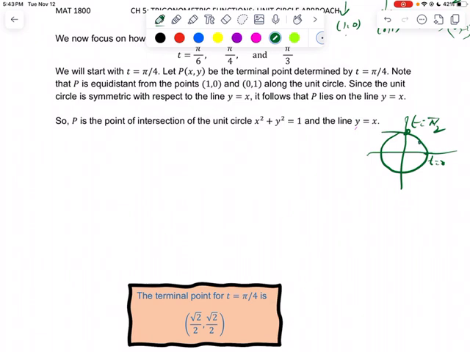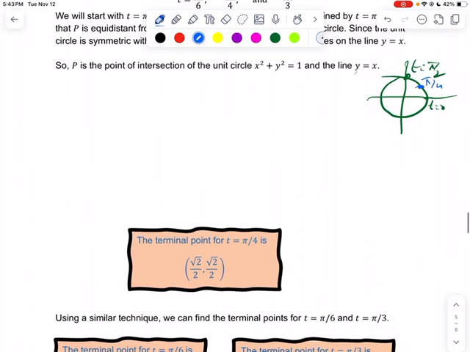Just like a point which divides this length from 0 to pi over 2 into two halves. So it halves the arc; this is where t is equal to pi over 4. But what are the coordinates of the point? That's what we want to figure out. Note that this point of course lies on the unit circle, so it satisfies the equation of the unit circle.